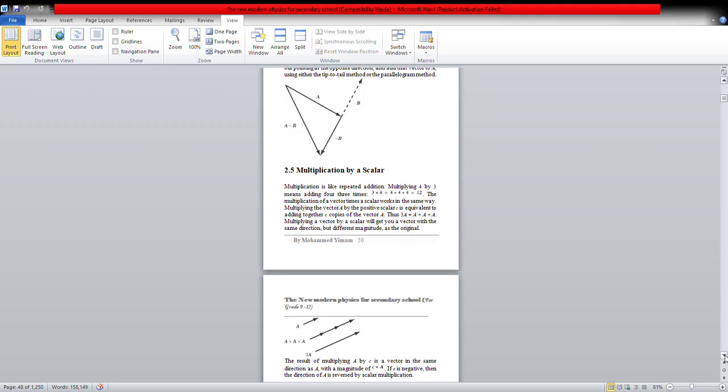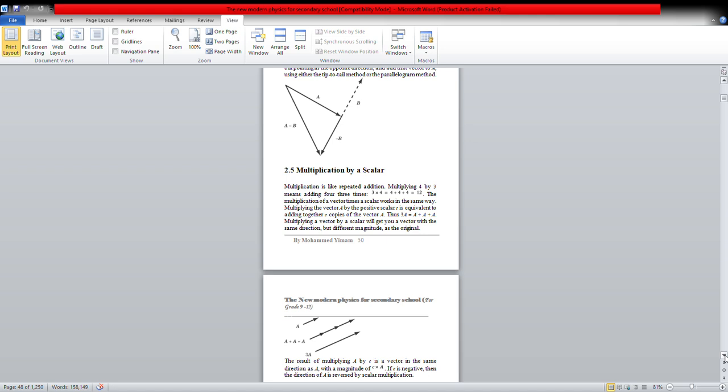The multiplication of a vector times a scalar works in the same way. Multiplying the vector by a positive scalar is equivalent to adding together copies of the vector A. Thus 3a is equal to a plus a plus a.